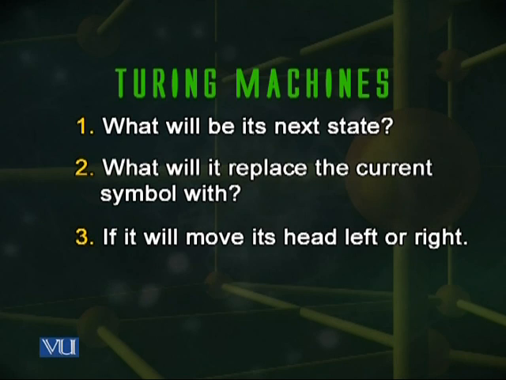This is why the transition function has Q cross gamma as its domain, which means the transition function actually needs to know what the state is and what is being read by the tape head. And it tells us what the machine should do in all these possible situations.